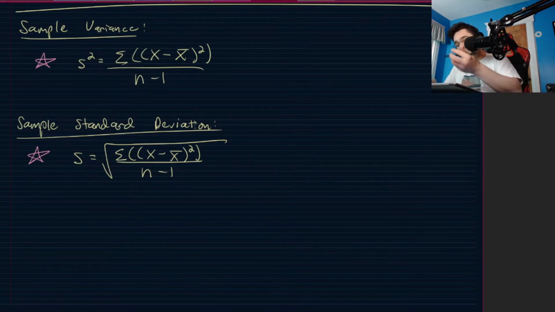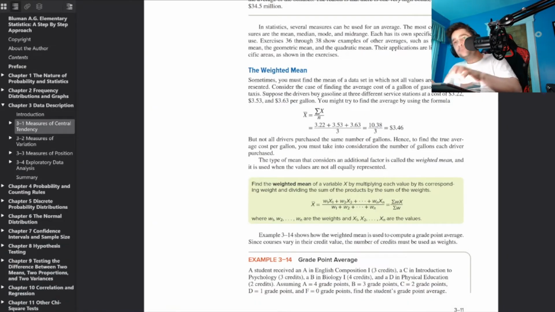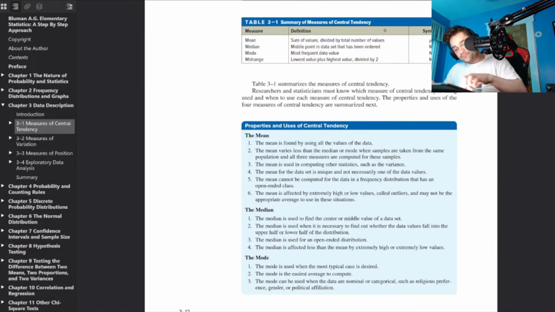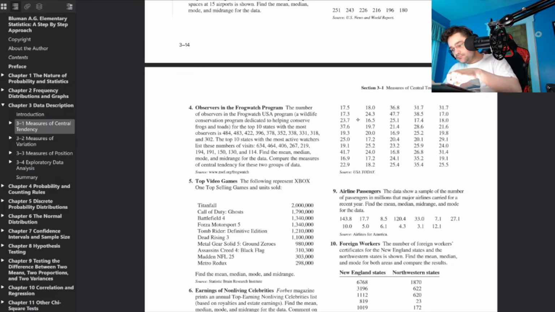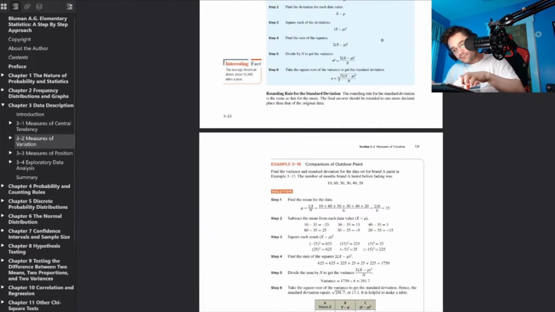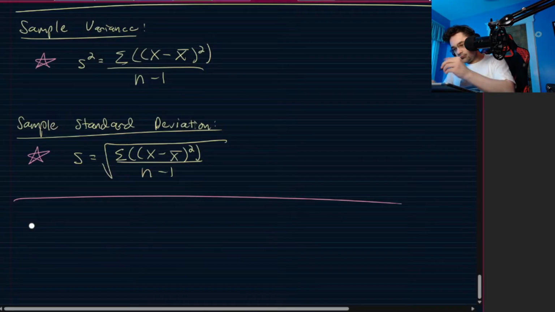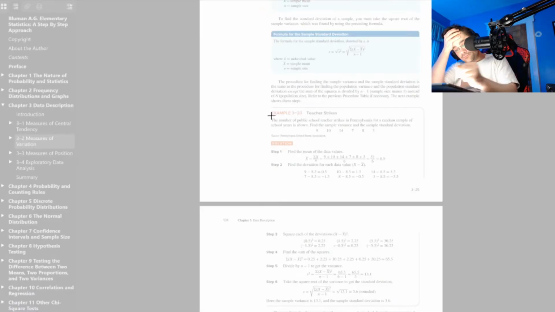Okay, so we might as well get a concrete example in. I'll just copy this one from the book here. So I've got this question here from the book.